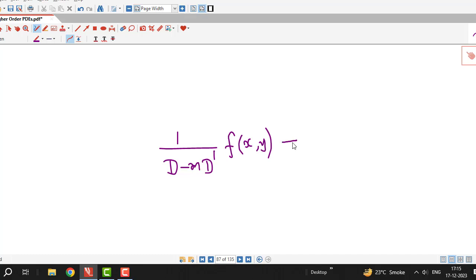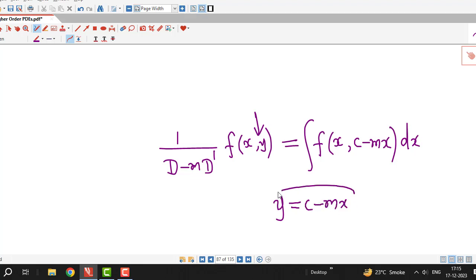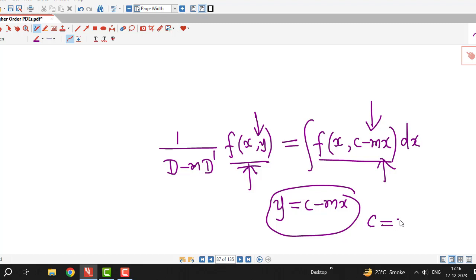The only limitation is that our function of d and d dash, that is capital F, must be homogeneous in d and d dash, and we are considering y equal to c minus mx everywhere in the right hand side function, so that our function is converted into function of x only. Then we integrate this function with respect to x. After integration, we have to replace c by y plus mx.